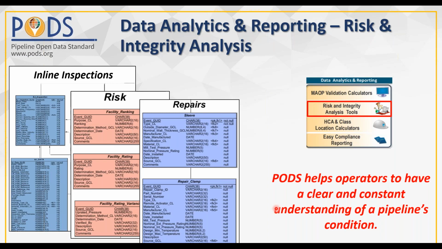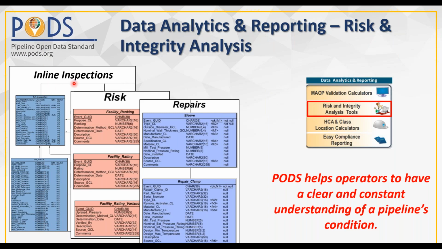So we'll talk about HCAs next, but these tables that you see before you are part of the PODS model. So you can see there are areas to store information in PODS that are accessible by other applications that you can use to run analyses on your risk and integrity.